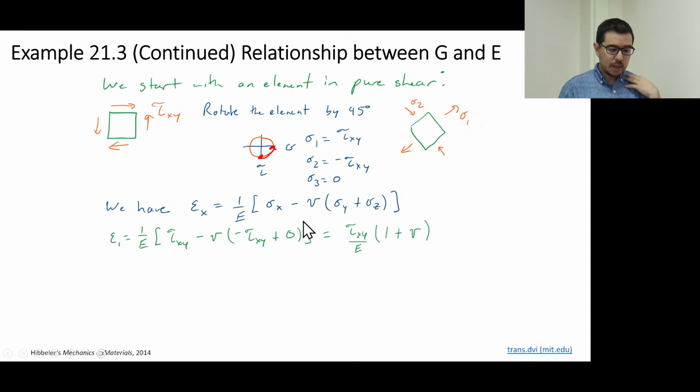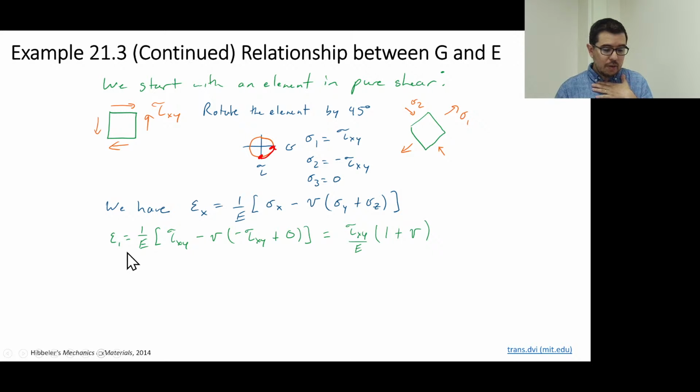This is maybe a little counterintuitive because this was sigma x, but we said that sigma 1 is going to be this, tau xy, and sigma 2 is going to be minus tau xy. You could say this is our new sigma x, this is our new sigma y, or the sigma x prime and sigma y prime. And I plug these in.